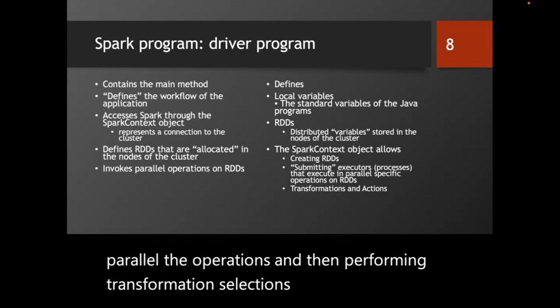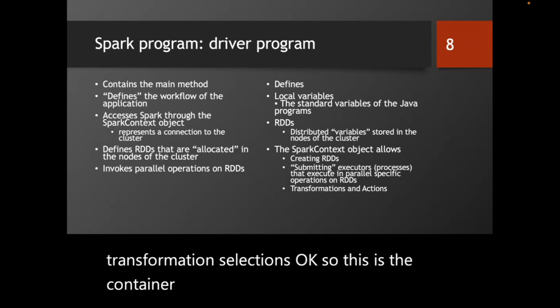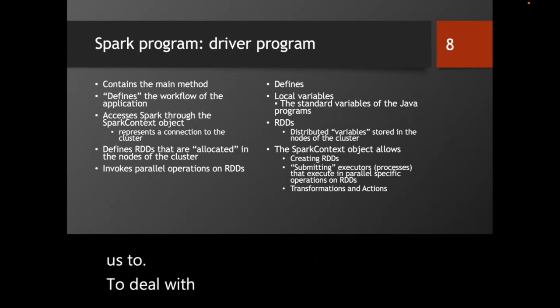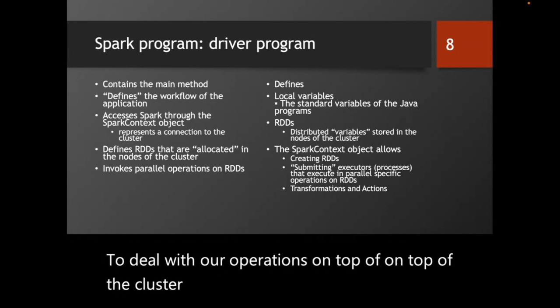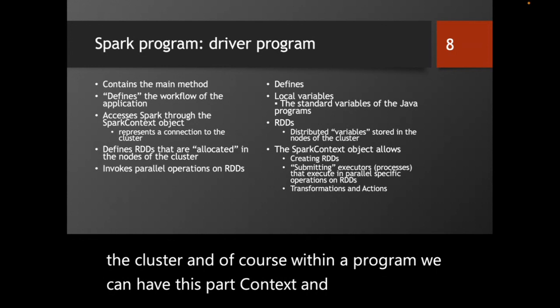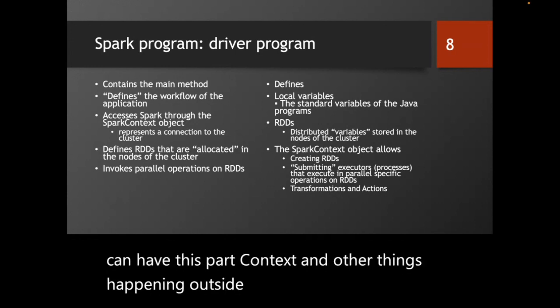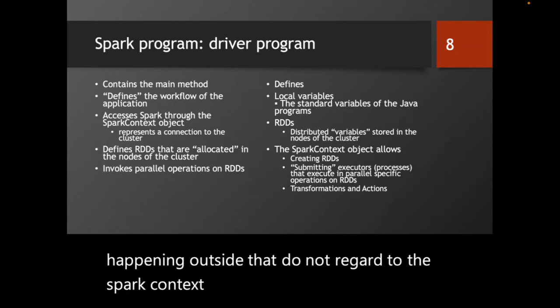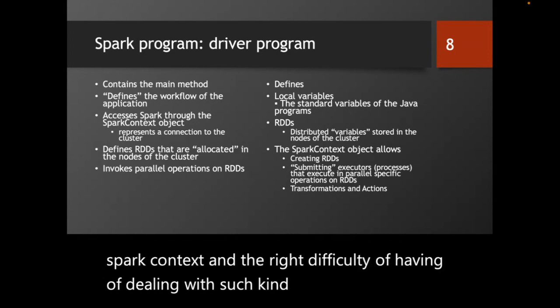So this is the container that allows us to deal with our operations on top of the cluster. And of course, within a program, we can have this Spark context and other things happening outside that do not regard the Spark context, and this is the real difficulty of dealing with such kind of program.